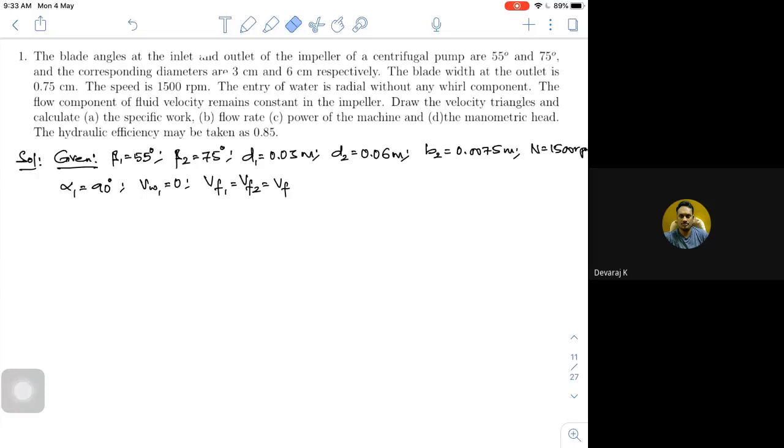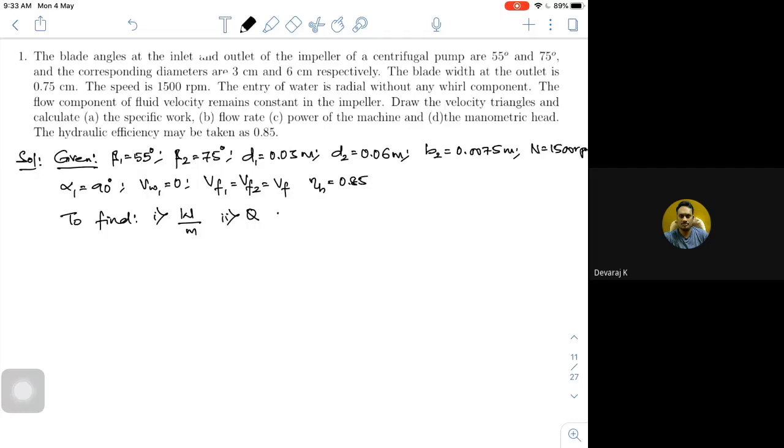And the last data they have given is the hydraulic efficiency, which is 85%, 0.85. And what you are supposed to find? The first one is specific work, that is W bar M. The second one, the flow rate, that is discharge.